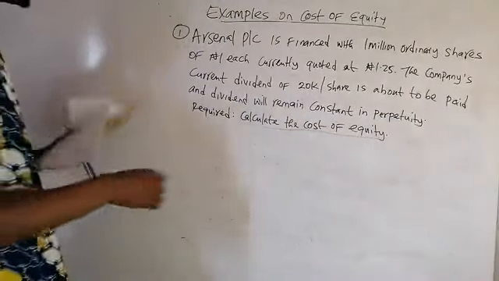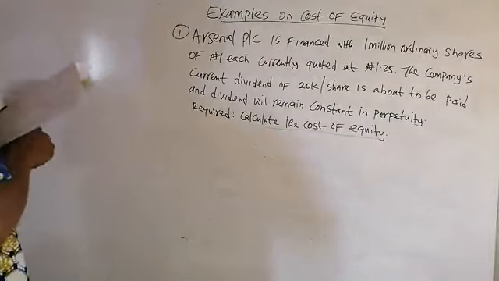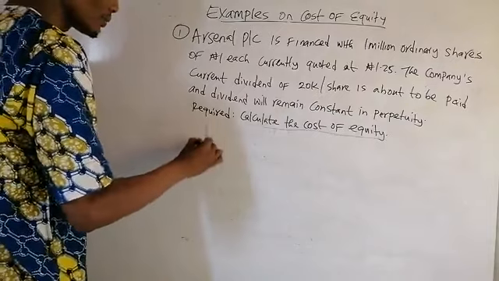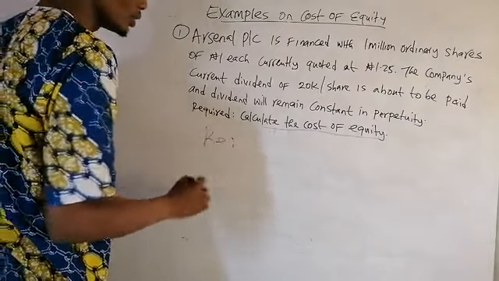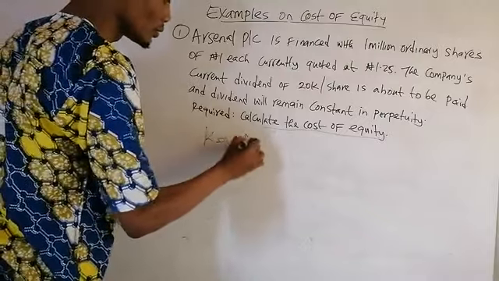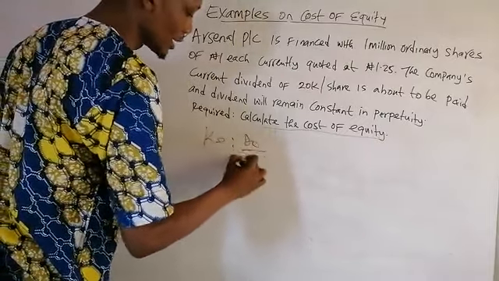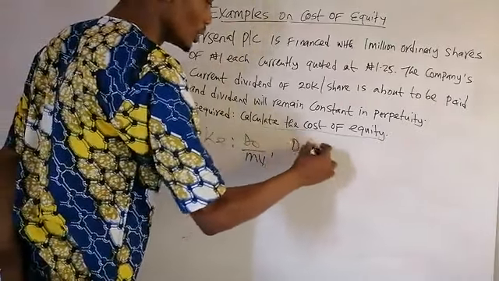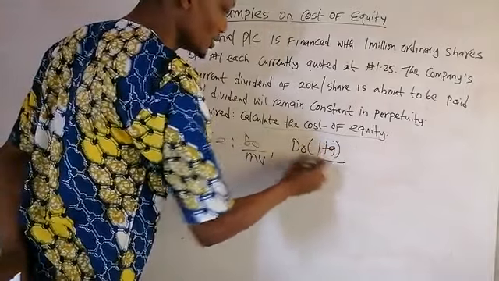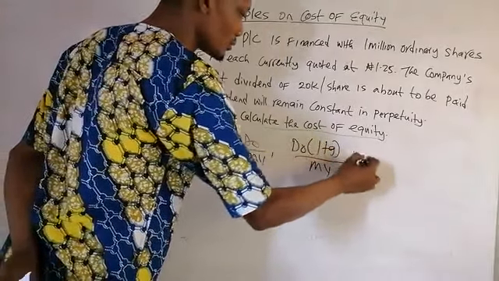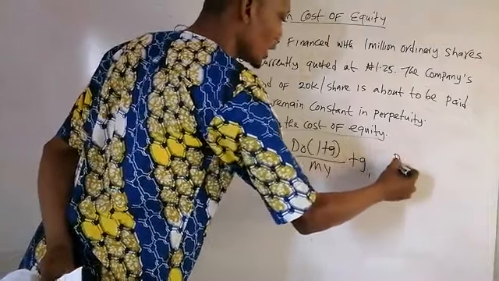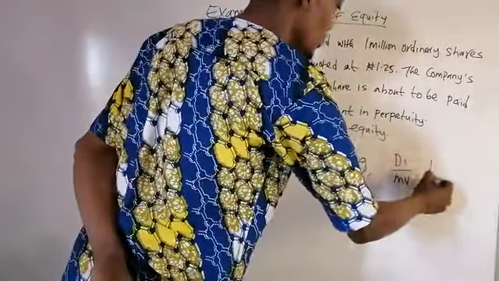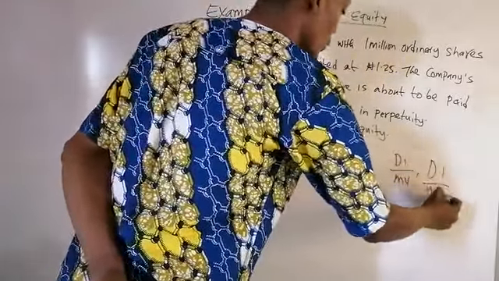You have to compute the cost of equity. So, having known the formulas, cost of equity is equal to D0 over market value, or D0 open bracket 1 plus g close bracket over market value plus g, or D1 over market value plus g.